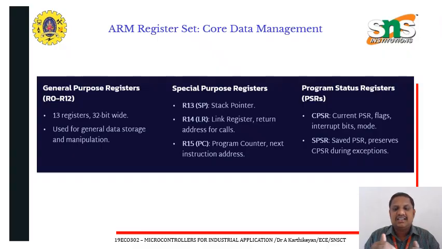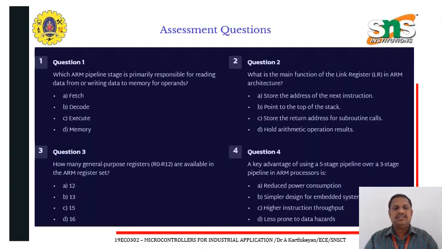The other special function is the program status registers, CPSR and SPSR: the current program status register holds the flags and interrupts, and the saved one saves the CPSR during exception handling. R0 to R12 are general purpose, R13, R14 and R15 come under special purpose, and the remaining ones come under the program status registers.